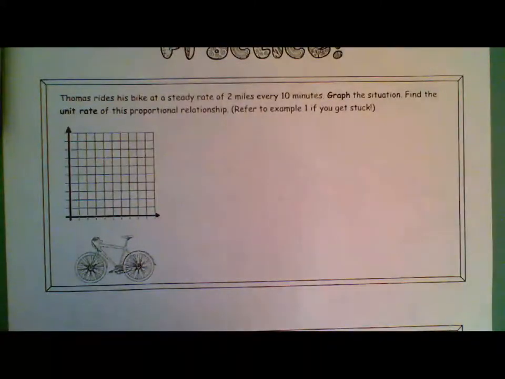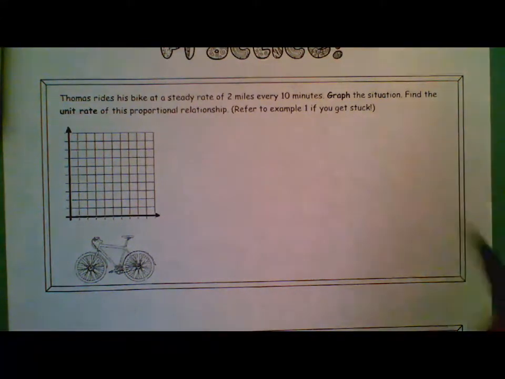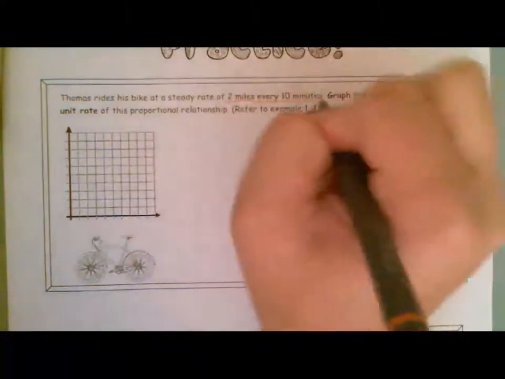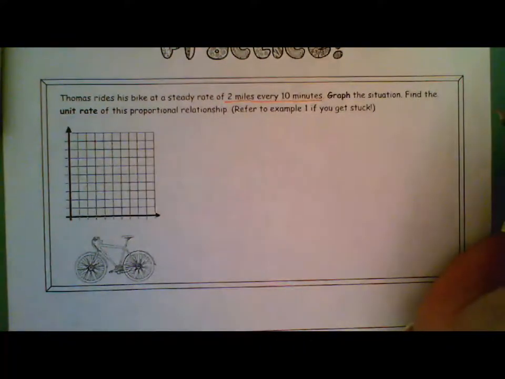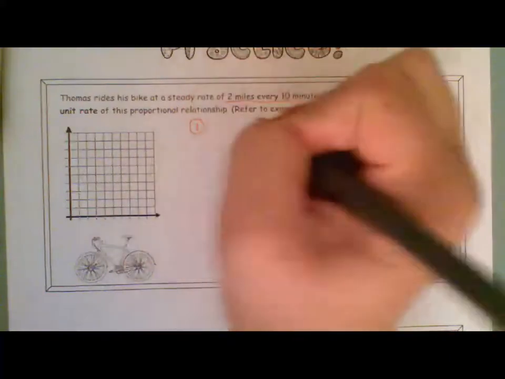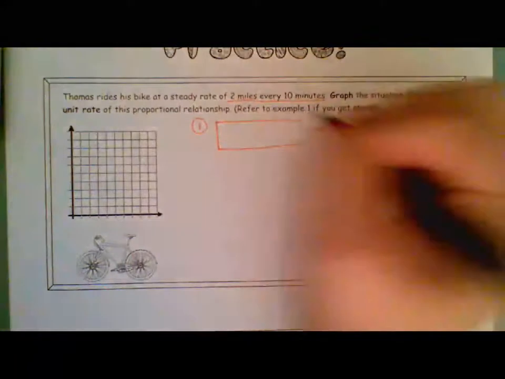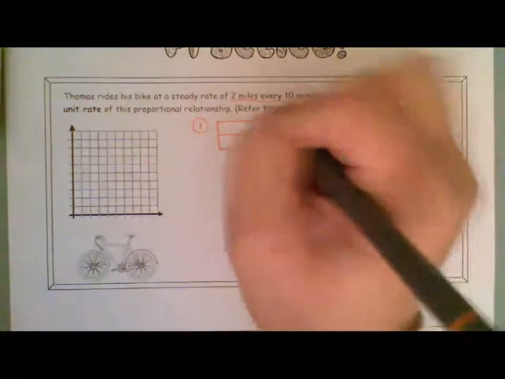Okay, on the back we have some more practice. So it says Thomas rides his bike at a steady rate of 2 miles every 10 minutes. Graph the situation, find the unit rate of this proportional relationship, and refer to example 1 if you get stuck. So the first thing we're going to do is make a table. So we have minutes and miles.